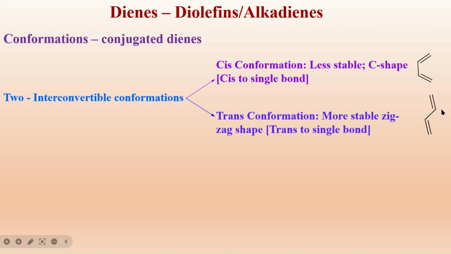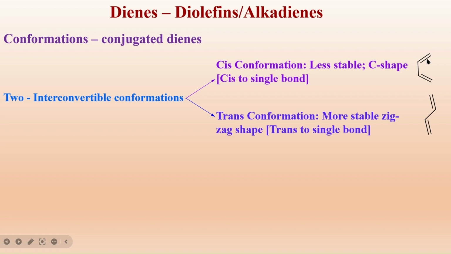The angle between the plane of this carbon-carbon double bond and the plane of this carbon-carbon double bond is 180 degrees. They are in opposite planes. That's why the torsion angle is 180 degrees.